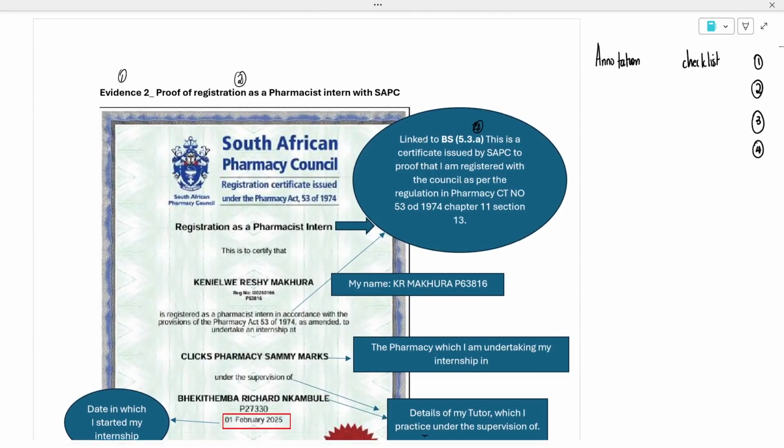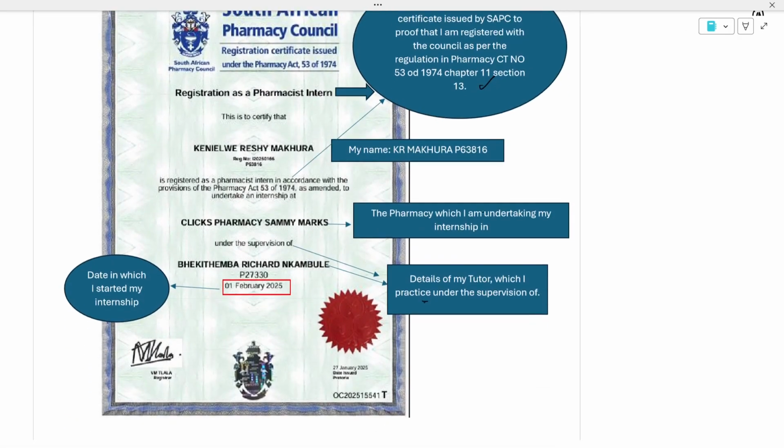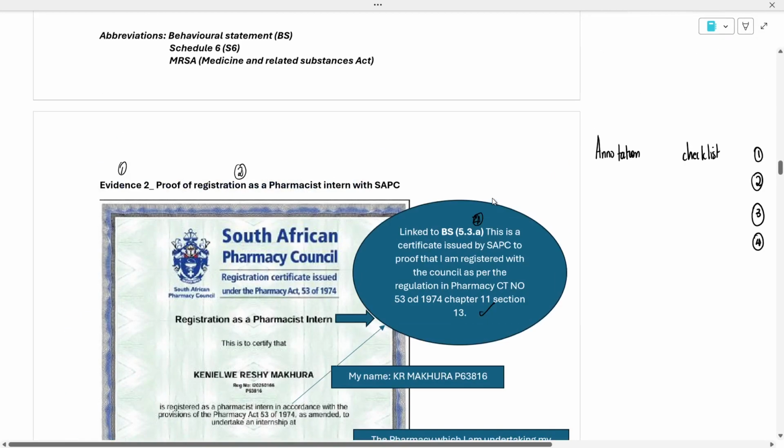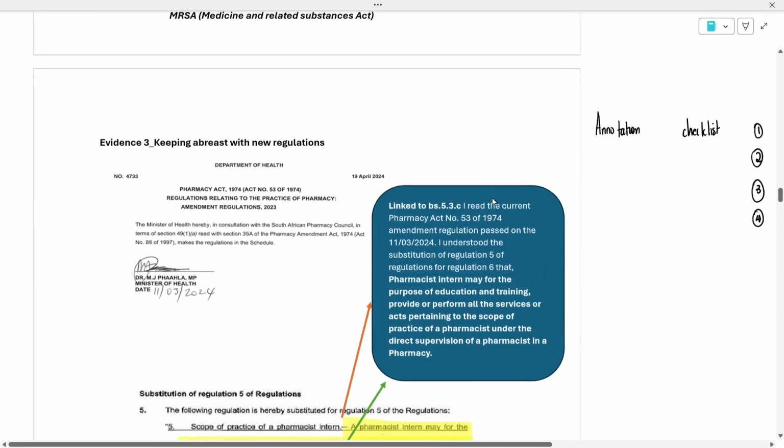Okay. Let's check the annotation. This is issued by SABC to prove I'm registered as per regulation number 53. Okay. Section 13. Okay, this is good. You're also linking it with behavioral statement A. So this evidence passes. It's good.